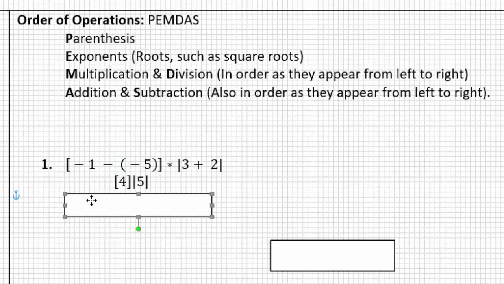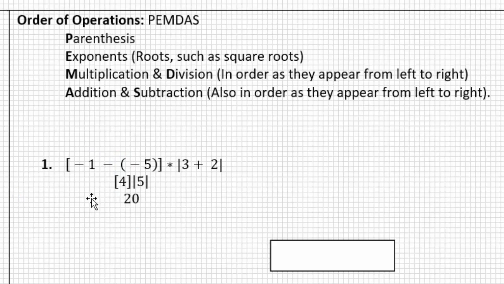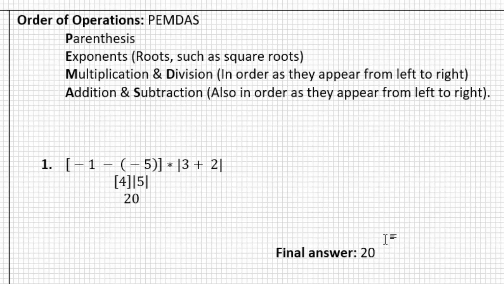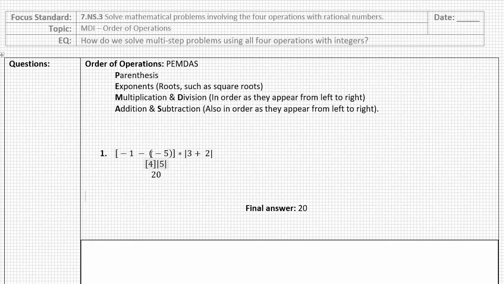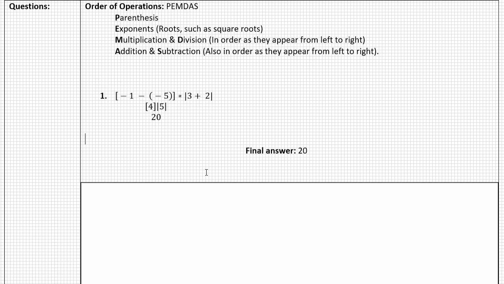So I would say that the answer to 4 times the absolute value of 5 is going to be 20. So our final answer for this order of operations problem would be 20. Again, we've shown all of our work and we've funneled it down to our answer using the snow cone method, so everything's looking good. Let's take a look at the next problem.